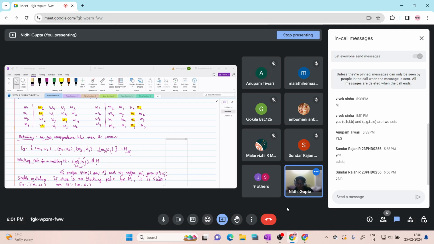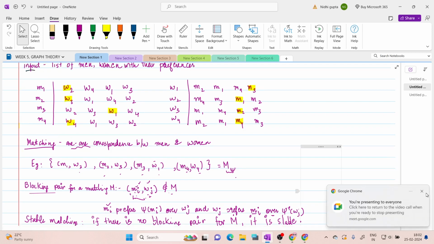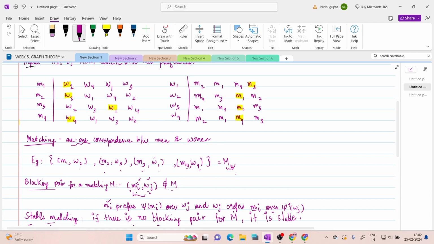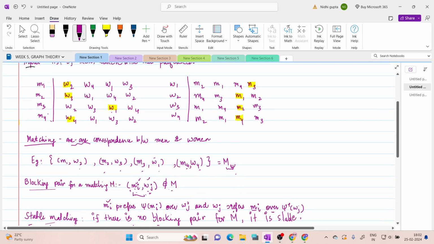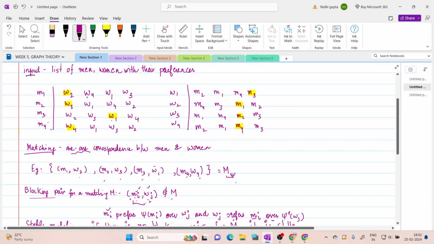Okay, so now to say what is a blocking pair. Suppose this is a matching. M1 is going to W2, M2 is going to W3, M3 is going to W1, and M4 is going to W4. Now the question is M3 W2 and M3 W3.